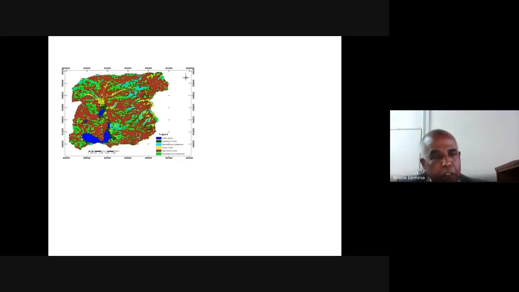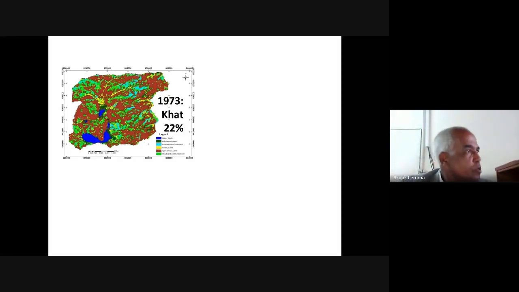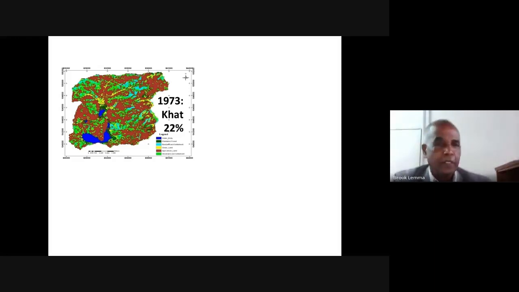Now, then when I looked into the land use pattern of the area, the brown areas are cultivated areas, agricultural areas, and the green ones, let me check.